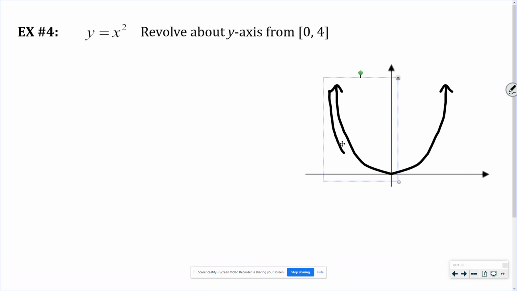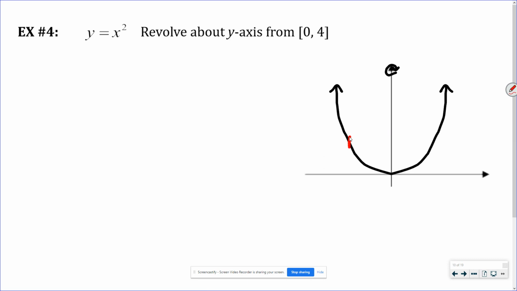Much better. Okay, so there's my function y equals x squared. We are rotating it around the y-axis, so kind of around this way, okay? Around this way. So let's draw a disk.